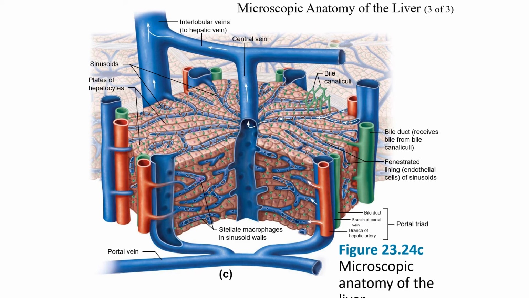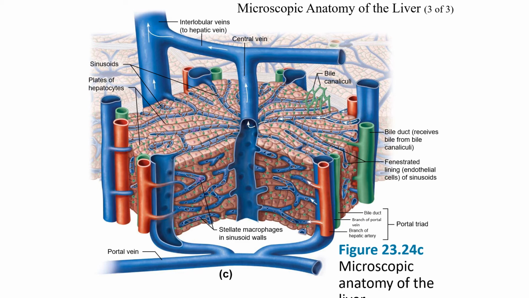Artery is going to deliver oxygen-rich blood, and the hepatic portal vein is going to deliver the nutrient-rich blood from the intestines. The central vein then collects blood from the lobule. It's going to take it to the hepatic vein.